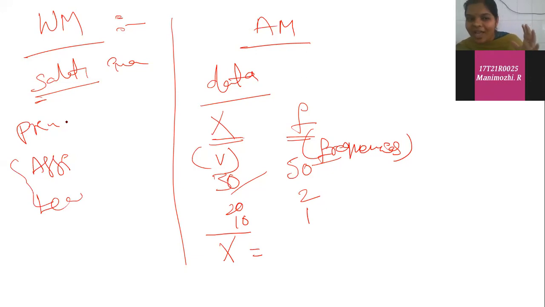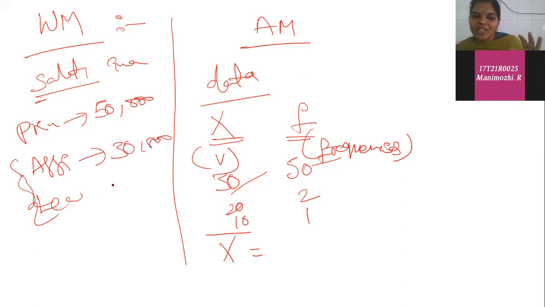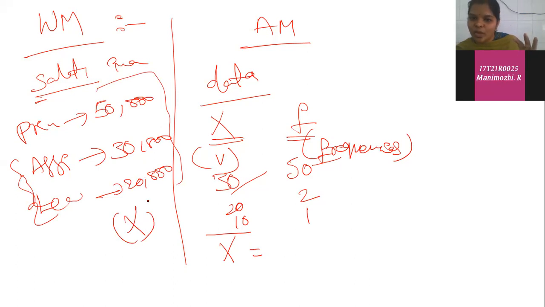Obviously the salary of the principal is more than these categories, right? Suppose it is 50,000, assistant professor 30,000, and lecturer 20,000. For example, I am saying. These we may consider as variables.